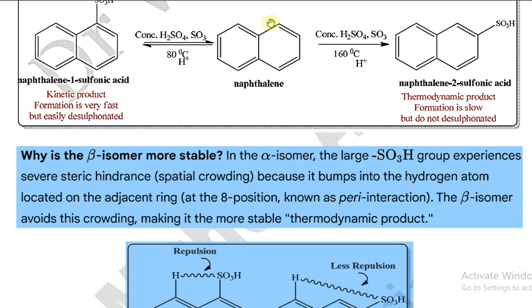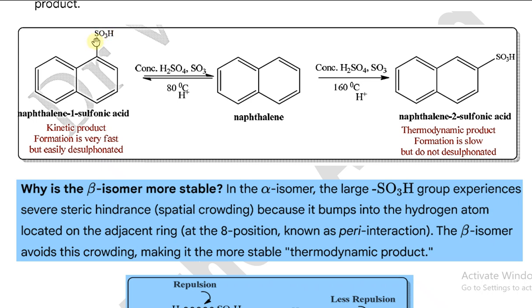When the SO3H comes to this alpha position, we have steric hindrance with the hydrogen in this position.